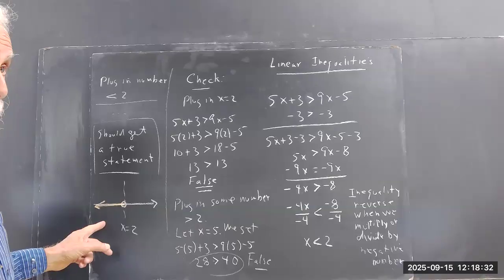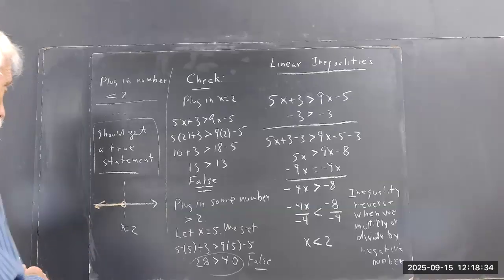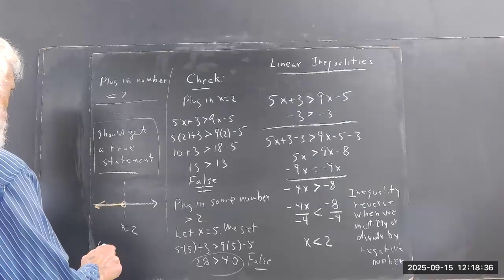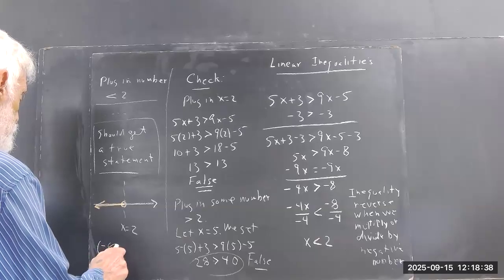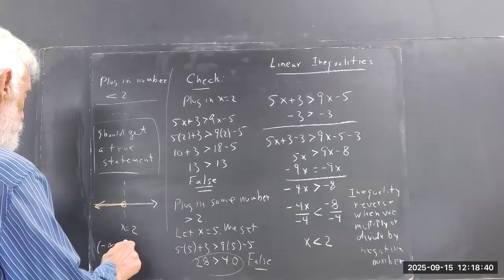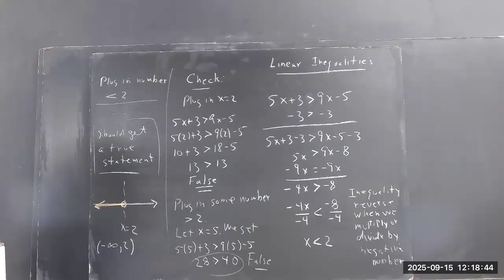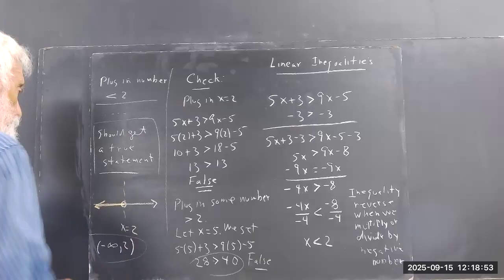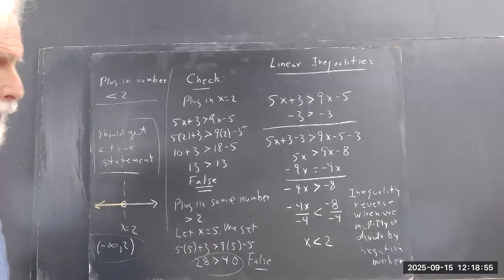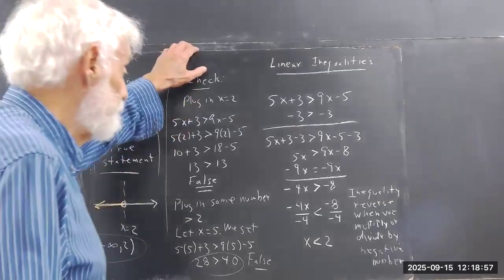All the numbers over here are going to make it true. And you could also write this as negative infinity to 2 with an open parenthesis. That's also, I think, been part of your homework. Solution set. If not, you'll see it in this assignment.